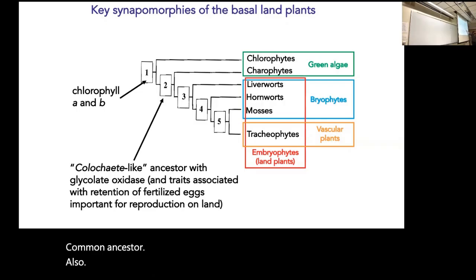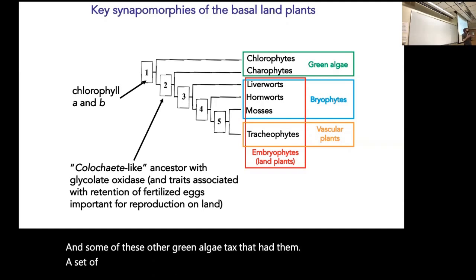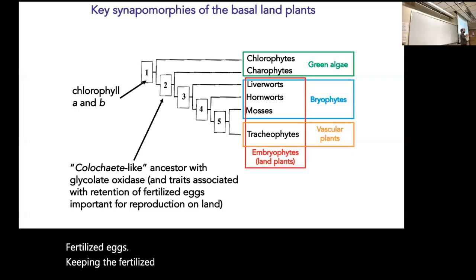We talked about Coleochaete and some of these other green algae taxa that had a set of traits associated with retaining fertilized eggs. Okay. And keeping the fertilized eggs close to mom for just a little bit.